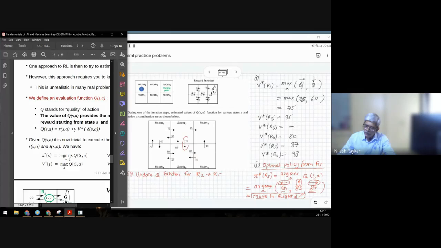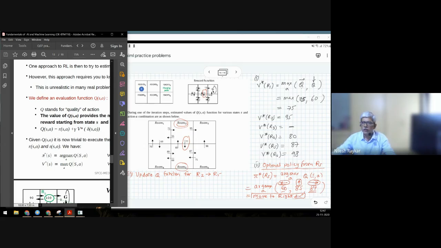The existing Q function has a value of 77. You have to update it once the agent moves from room number 2 to room number 5. In this process, it gets a reward defined by the reward function. The reward function states that the reward is 0 at this particular instant, so it gets 0 reward for this moment.